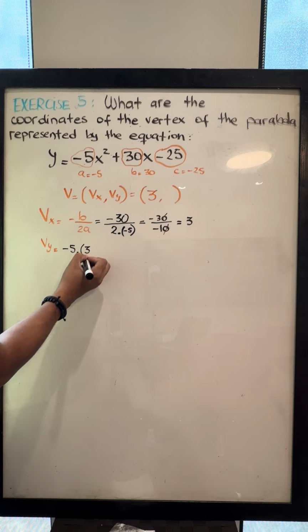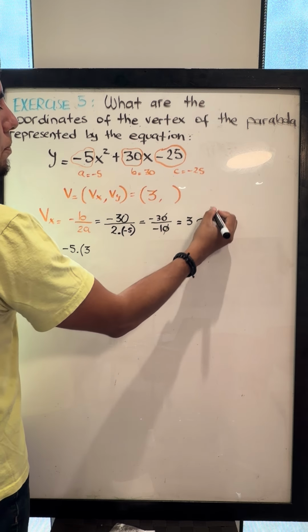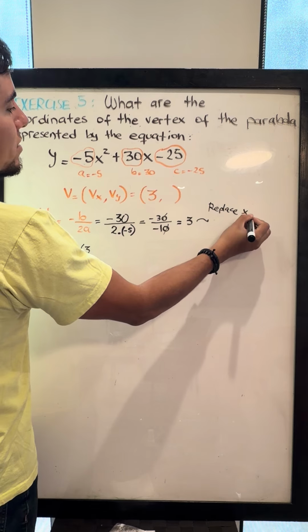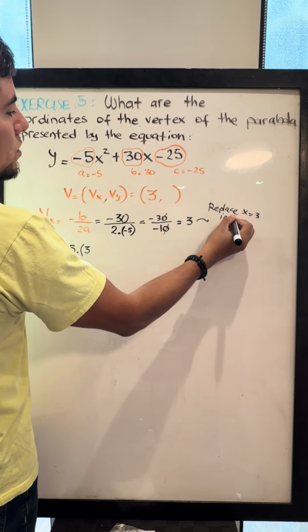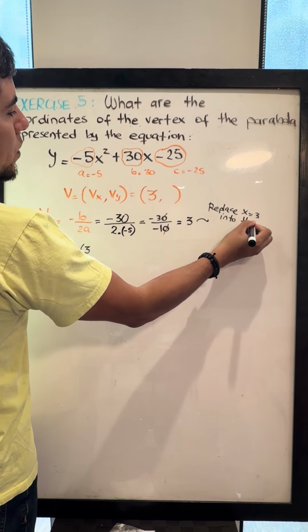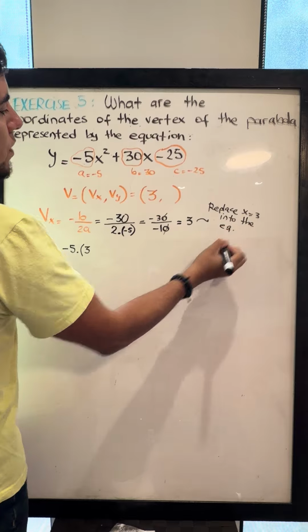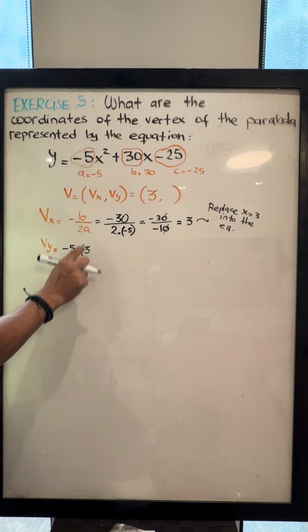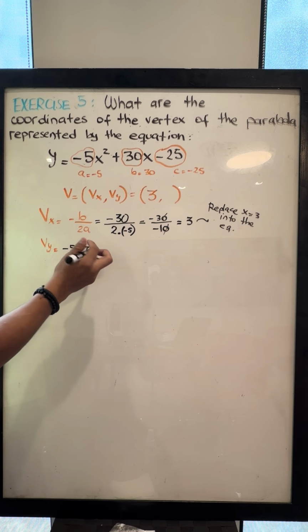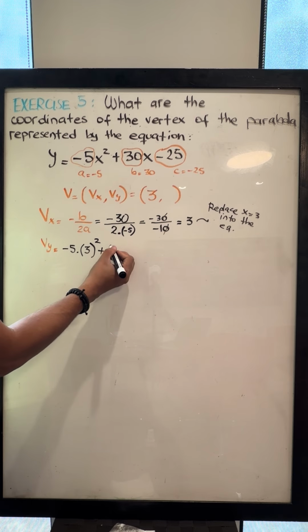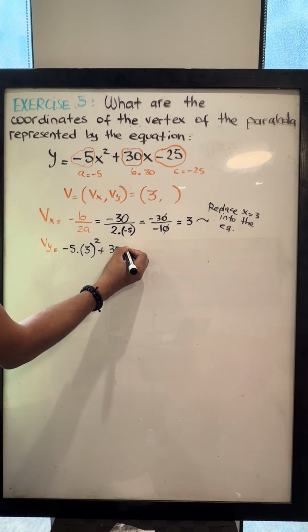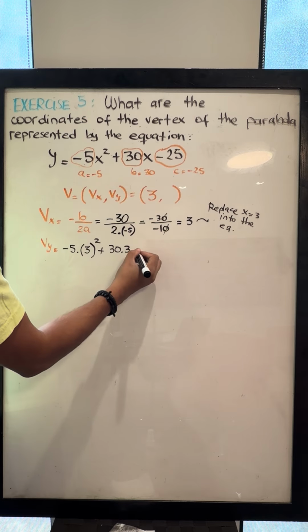So you basically replace x equals 3 into the equation, all right? So negative 5 times x squared, x, don't forget, is equal to 3 now, plus 30 times x. Again, x is equal to 3. And then minus 25.